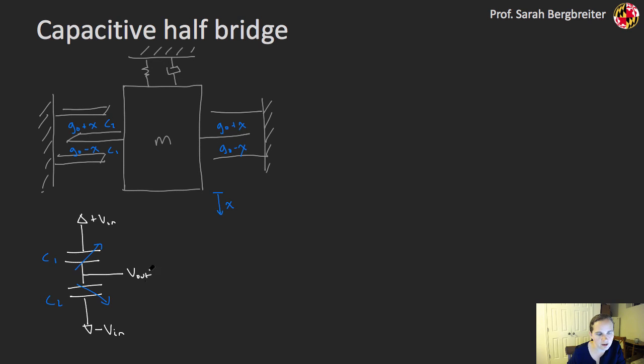All right, but if I'm trying to calculate what Vout is for this particular circuit, I can just think of these as impedances. And now this is just an impedance divider, so I'm going to have the impedance of that bottom capacitance, ZC2, over ZC1 plus ZC2.